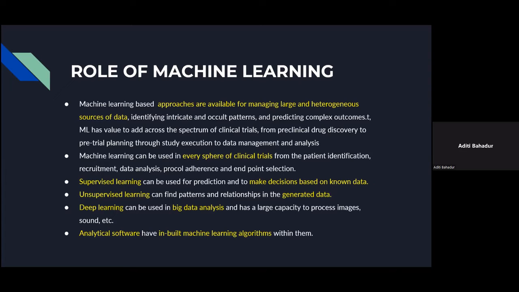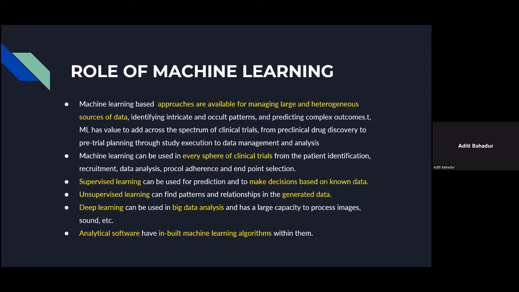So patient identification, because you can identify certain patients based on different kinds of description or biomarkers, perhaps in a database. And you can use machine learning for the data analysis.